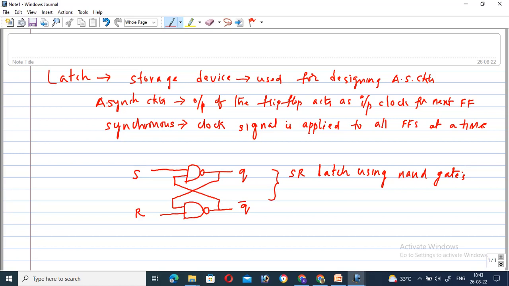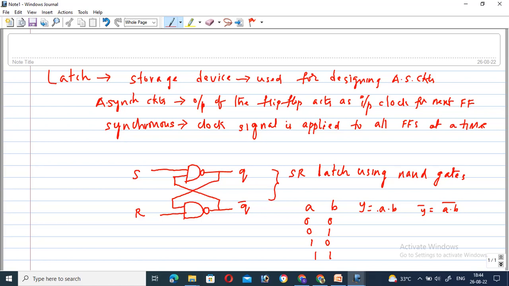So let us see here for NAND gates. Let us consider A as the input, Y as the output for the AND gate, and Y bar as the output for the NAND gate. What are the possible combinations? 00, 01, 10, 11. For the AND gate, the output is the product of those two inputs, right?